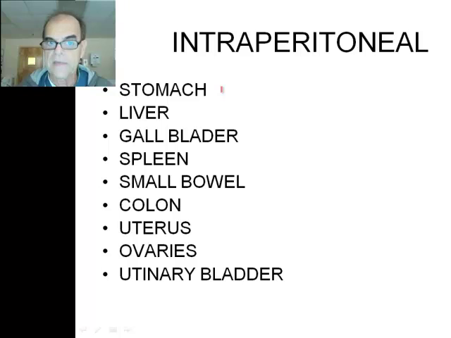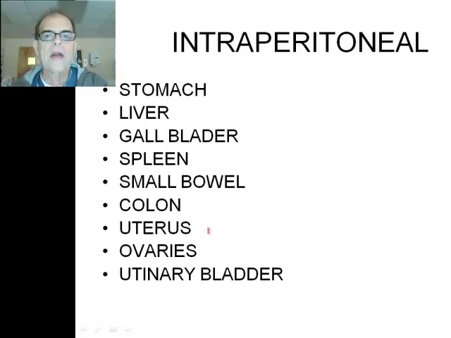Stomach is intraperitoneal, liver is also intraperitoneal, gallbladder, that is very good for ultrasound, is also intraperitoneal, spleen, that is in the left side, in the left hypochondrium, small bowel, that is a big part of the content of the abdominal cavity, colon, uterus, ovaries, and the urinary bladder.